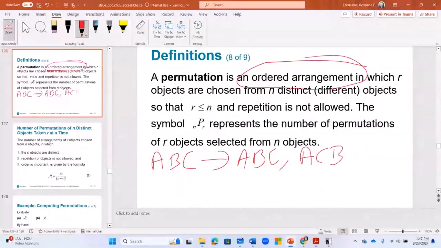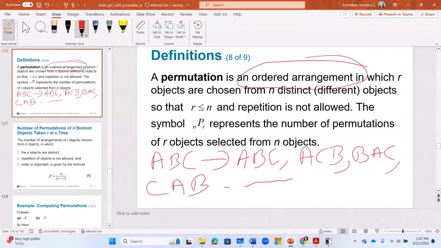The third one is BAC. ABC, ACB and BAC are all different orders. And CAB is a different order, and so on. Wow. So how many of them can I even have? Just so you know, when you are talking about permutation, your answer is going to be large.